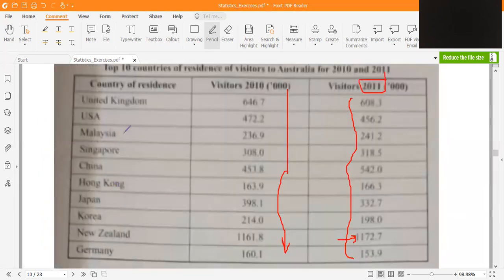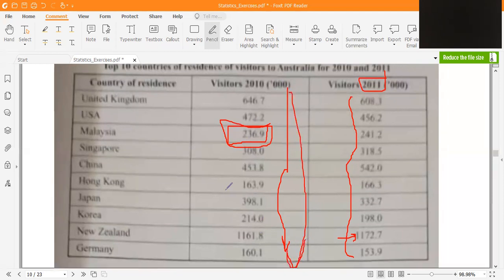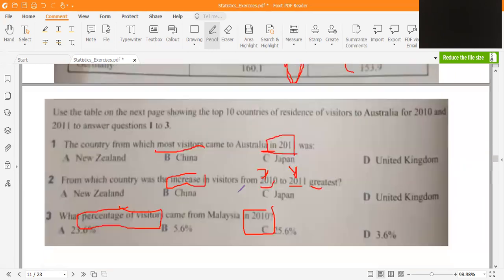From Malaysia came 236.9 thousand. Normally, how to evaluate the percentage? The percentage of these visitors who came to Australia in 2010 from the sum of these visitors in 2010.